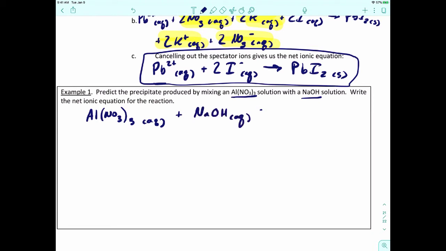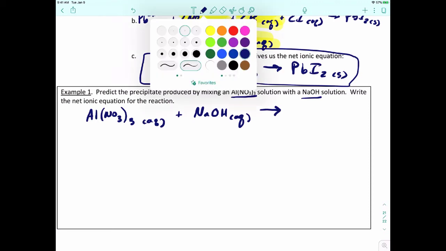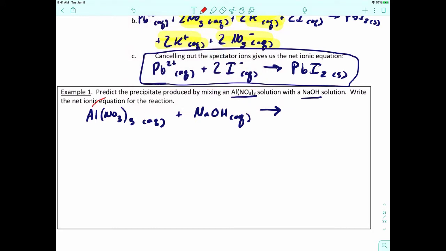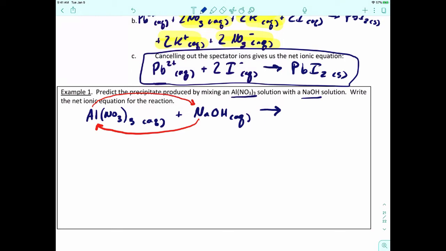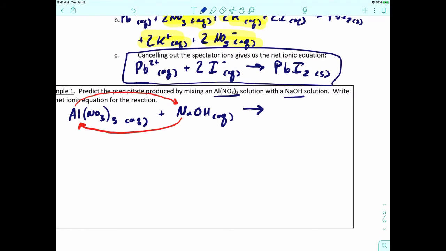All right. Now, this is a double displacement reaction. So since it's a double displacement reaction, what we're going to do is replace the cations. The cation switch. All right, so predicting the products of the reaction, we should get AlOH and NaNO3.